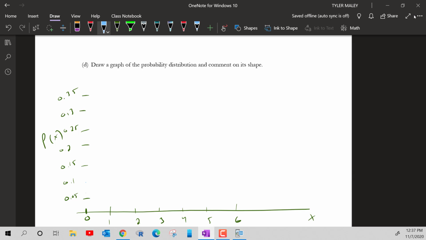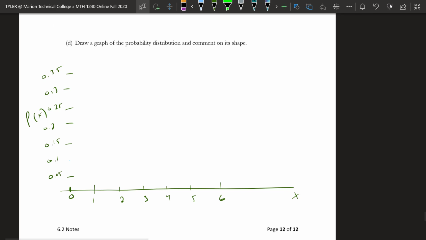Oops, let me undo whatever I just did. There. Remember, you just draw a dot and draw a line straight down. So then for 1, the probability was about 0.3. For x equals 2, the probability was about 0.32.